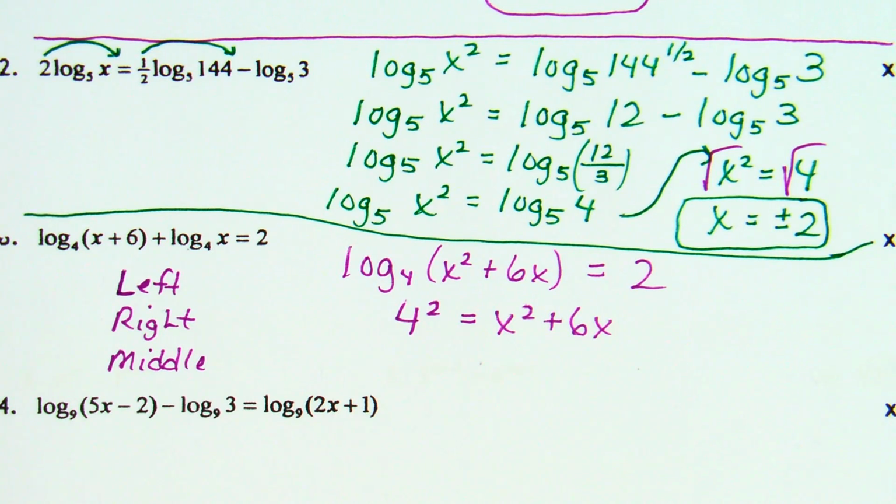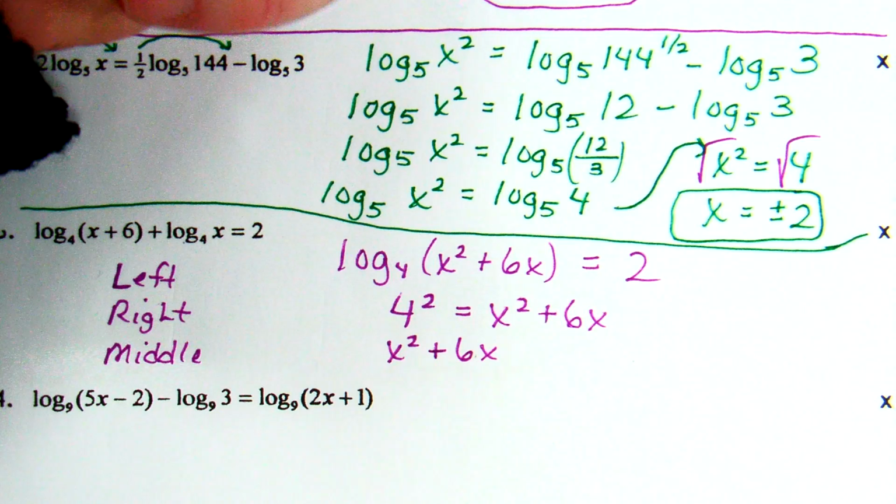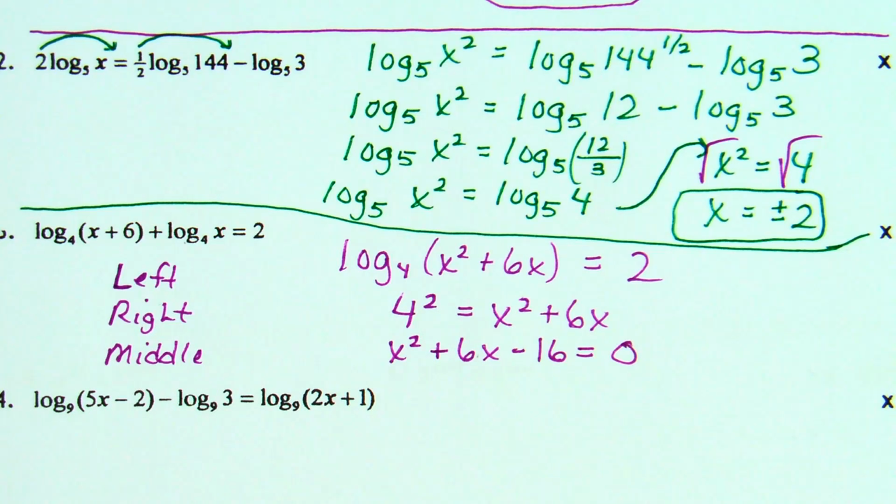Okay, so we're going to take that 16, 4 squared is 16, and we're going to move it to the other side because we're trying to make this equation equal to 0. Okay, when you see an x squared term, an x term, and a number term, most likely make it equal to 0. So that means I'm going to have an x squared plus a 6x minus 16, because we subtract the 16 over, equals 0.